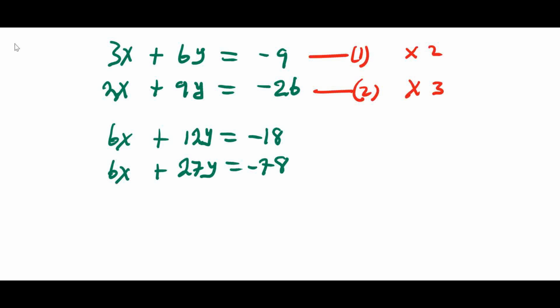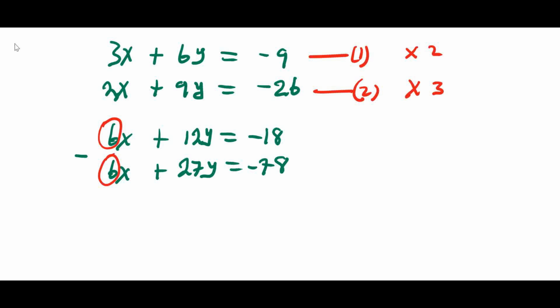So now you can see that the coefficient of x here is positive and here is positive. So in order to make them become 0, we can simply subtract them. We can place a negative sign here.